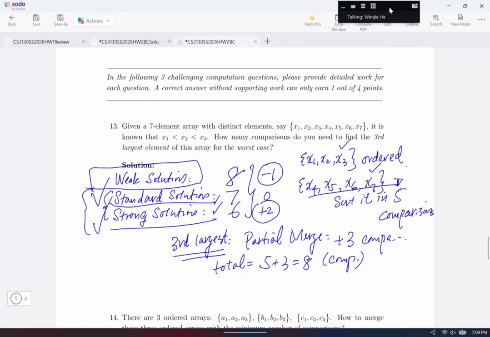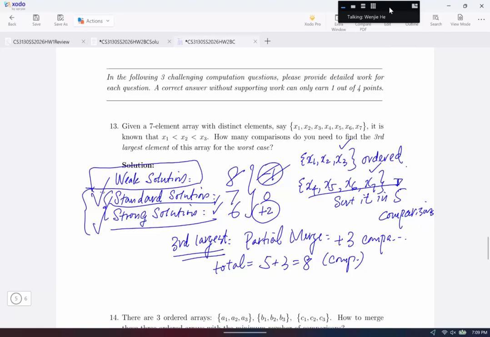So I will give you this 1 point back. Because if nobody can get the standard solution, then nobody can get a strong solution, right?